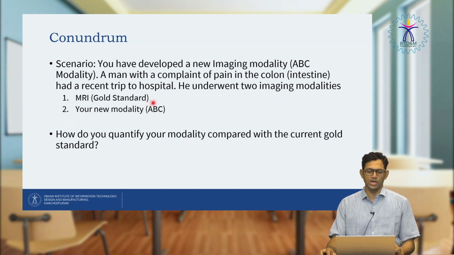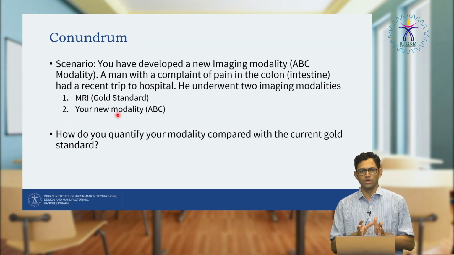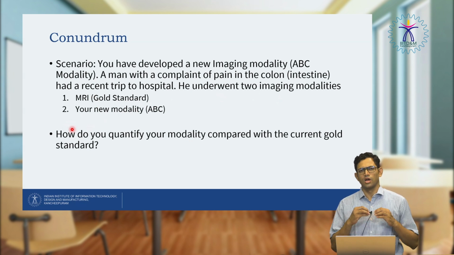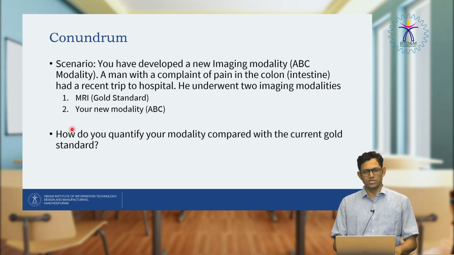A gold standard means that imaging modality which is considered to have a very high accuracy, right? So let us assume that MRI is a gold standard in this particular context. If anyone goes for a cancer diagnosis, most of the time a biopsy is the gold standard.